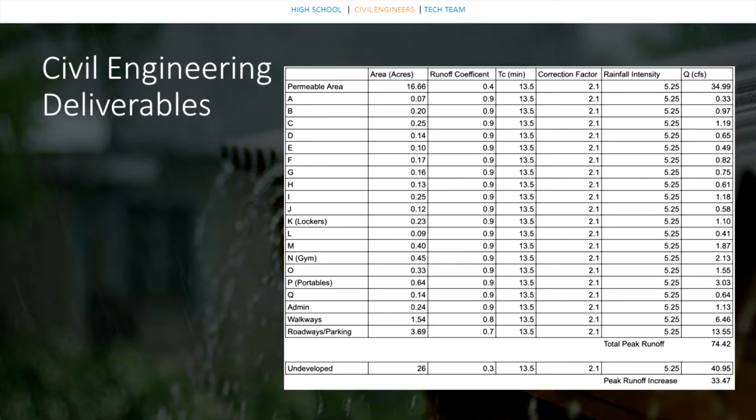So on this table you can see that on the top we have the permeable areas, and then each building in Waipahu is labeled in letters, A through Q, and we also have the admin building, walkways, and roadways and parking. And at the end is where you can see the flows within each building area.